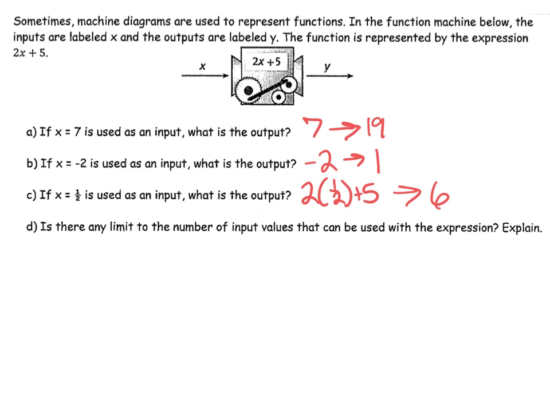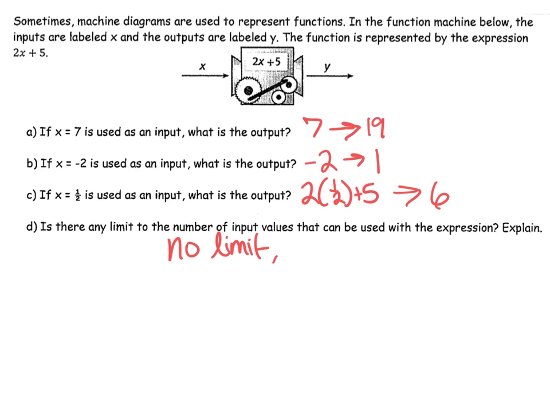Okay. So pretty easy still. Is there a limit to the numbers that I could put into this machine? No, there's no maximum. I could spend all weekend just plugging numbers in. Hundreds, thousands, 10,000s. No limit. You could plug in any number.